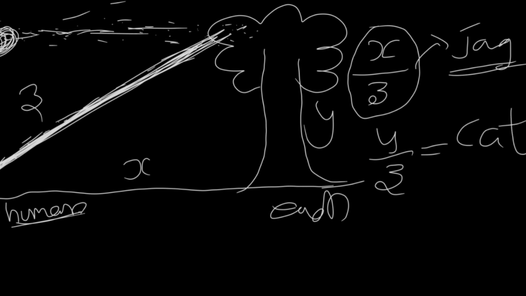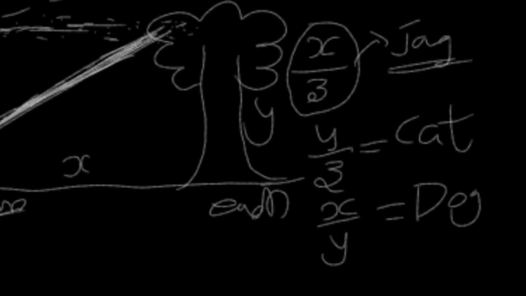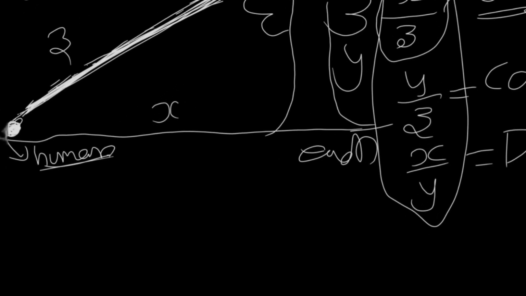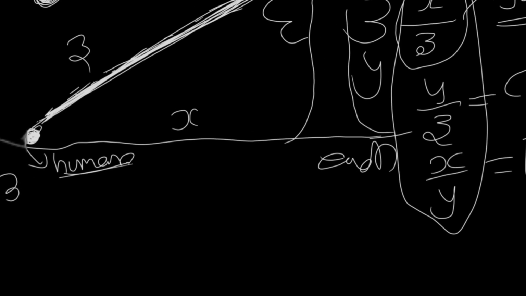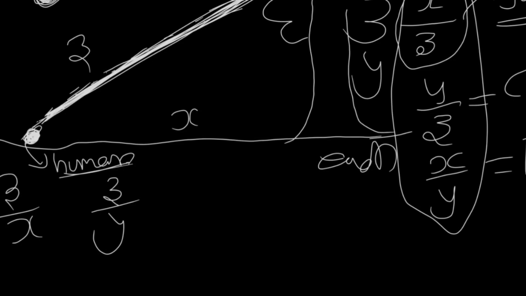The next ratio possible is x by y, and I'll name this dog. There are 3 more ratios possible in this natural phenomenon, and those three are just the reciprocals of these three ratios: z by x, z by y, and y by x.